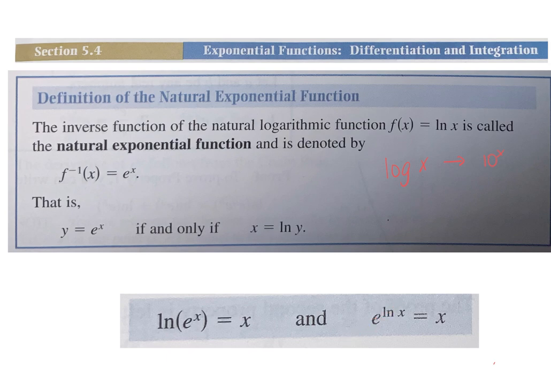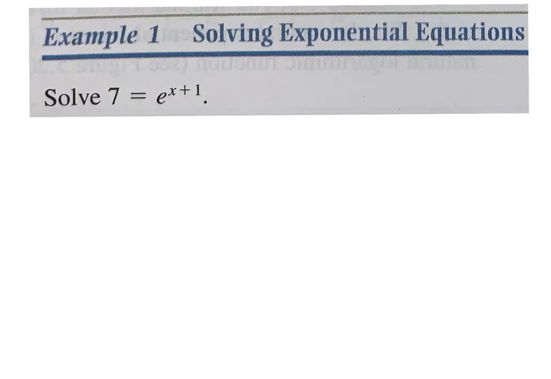So the first thing we're going to do is that concept way back from pre-cal and algebra 2, when we did natural log equations like this. If I wanted to solve this, I could literally just do the natural log of both sides because I can get rid of my e that way. I can say the natural log of 7 equals the natural log of e to the x plus 1, and right here these will cancel each other out, and I will just have x plus 1 on the other side.